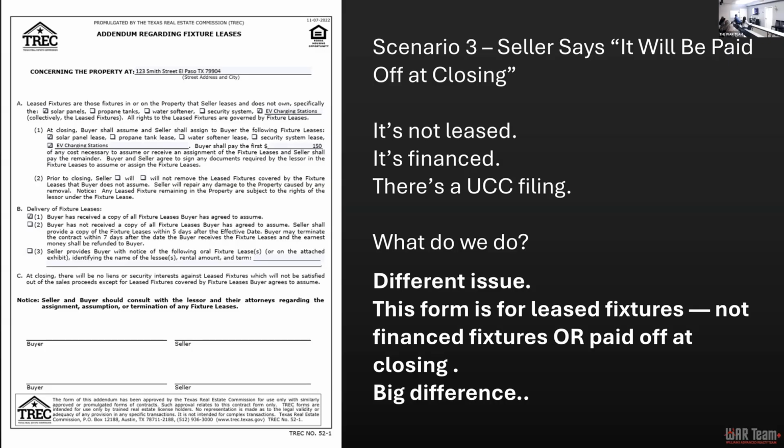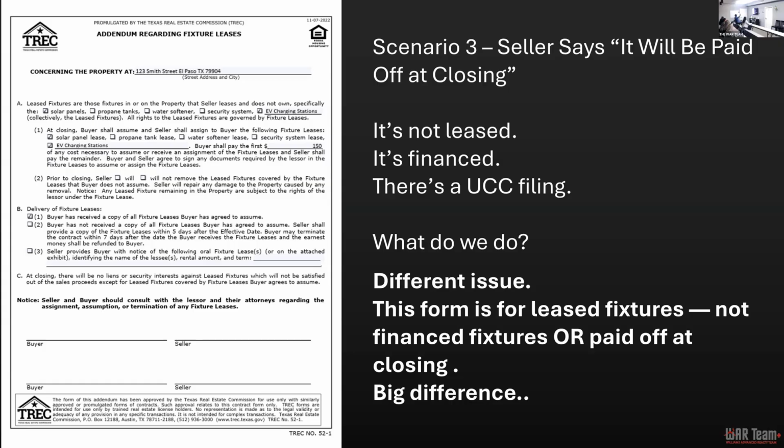This form is for lease fixtures only, not finance fixtures or paid off at closing. Huge, big difference. What we're finding here, the reason I put that on there is because sometimes people are trying to use this form when things are going to be paid off at closing or they've already been paid off. This is not the form for it. That's not what this is for. That's a totally different thing. And we'll have a different session for that. But I just want to make sure we're clear on that. Doesn't it then come like a title?